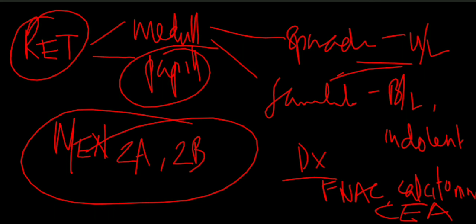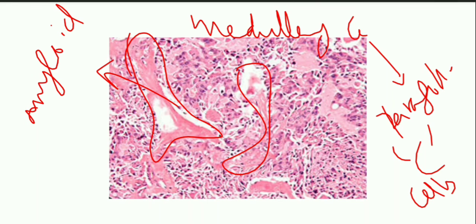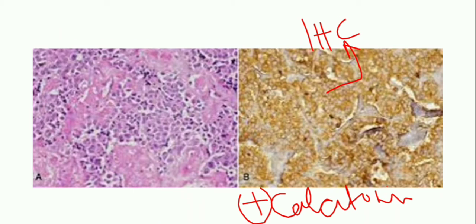In case of a calcitonin negative medullary cancer, you can do CEA, carcinoembryonic antigen, which will be used as a marker. All these are important points. So you should remember this: RET, MEN 2A, MEN 2B, then calcitonin, CEA, and the picture of amyloid, and calcitonin as a marker.